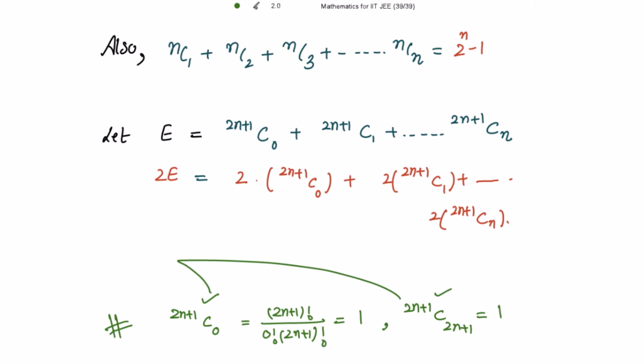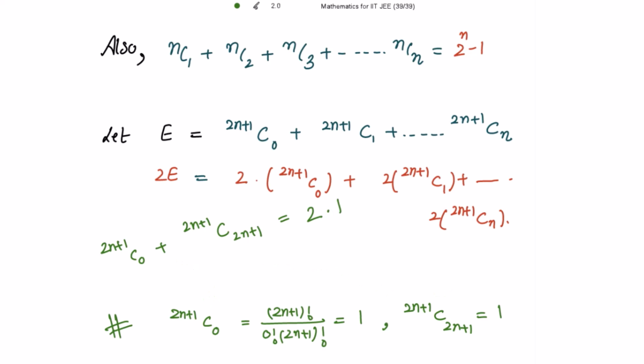If I add these two, what do I get? 2n plus 1C0 plus 2n plus 1C(2n plus 1) is equal to 2. Yes? Okay. And this 2 can be taken as 2 into 1. This is also fine? Alright. So, I can also write 1 in place of either this or this. Right?